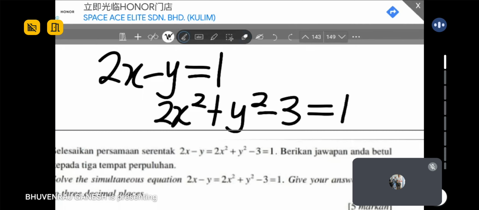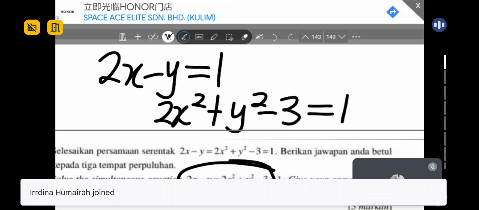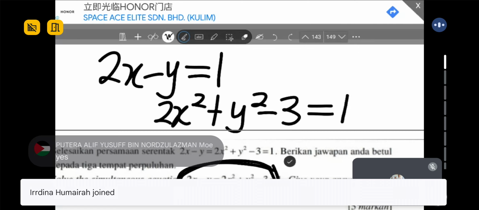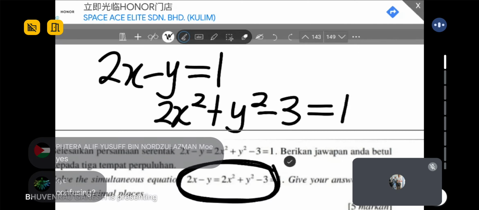Okay guys, can I ask you? Can I say like this? Boleh tak saya kata yang ni? 2x minus y equal to 2x squared plus y squared minus 3. Can or not? Yang ni boleh ke tak? Persamaan ni. Anyone? Yes or no? Think and see. Cuba fikir. Can I do this? Anyone?